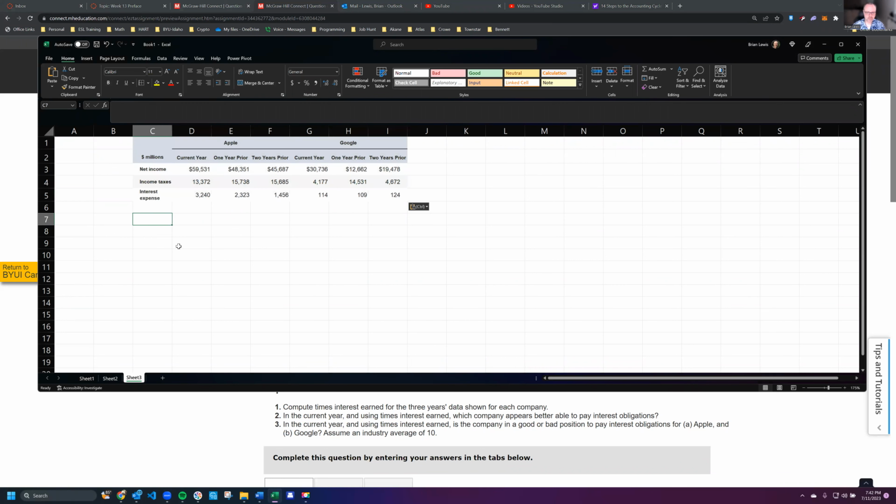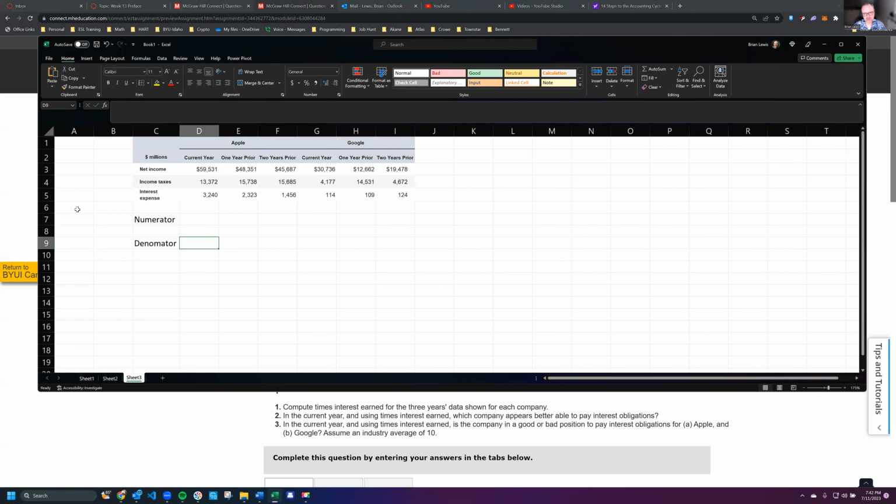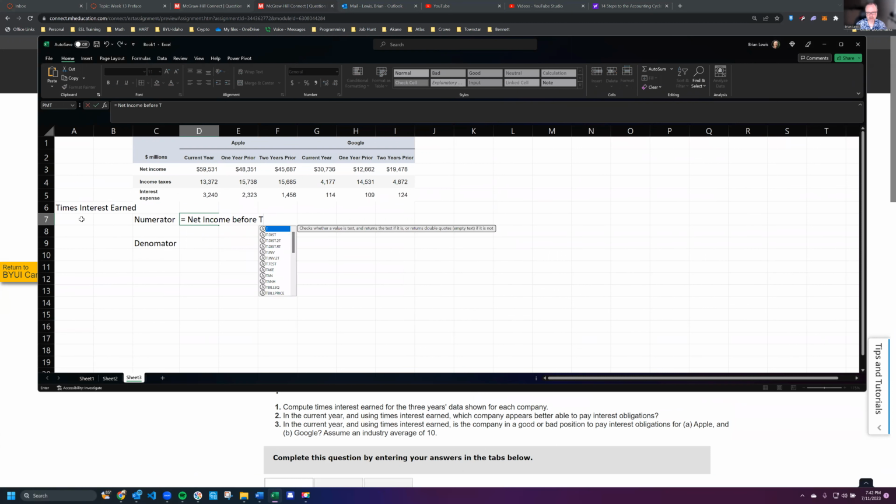Okay, so remember, numerator. What's our numerator? And what's our denominator? Our numerator on times interest earned is going to be net income before taxes and interest.